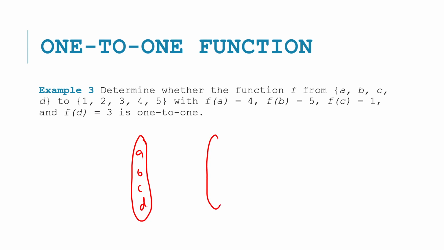And for our second set, which is the codomain, we have 1, 2, 3, 4, 5. F of a is equal to 4, therefore a is mapped to 4. F of b is equal to 5, therefore b is mapped to 5. F of c is equal to 1, so c is mapped to 1. F of d is equal to 3, and d is mapped to 3.